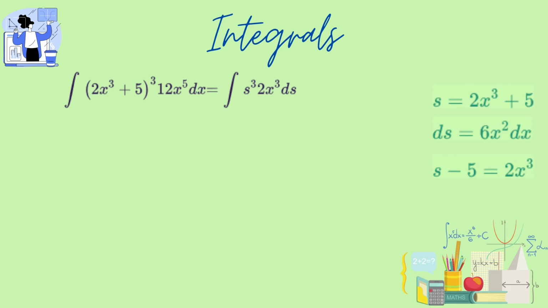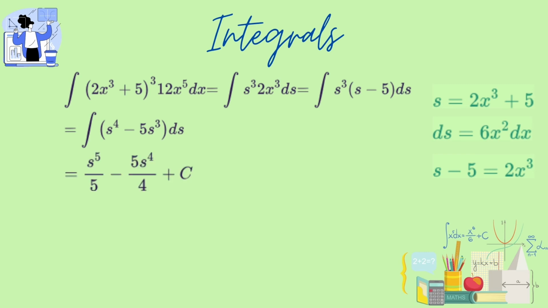And we work with the expression of the quantity s minus 5 times s cubed ds. We then expand the expression, find the antiderivative of s to the fourth minus 5s cubed. This results to s to the fifth over 5 minus 5s to the fourth over 4 plus the constant c.